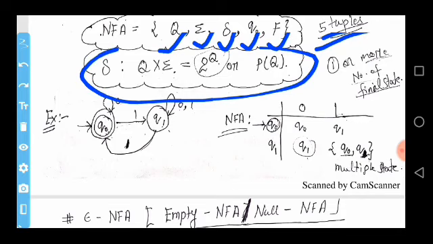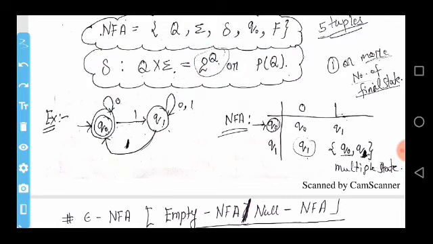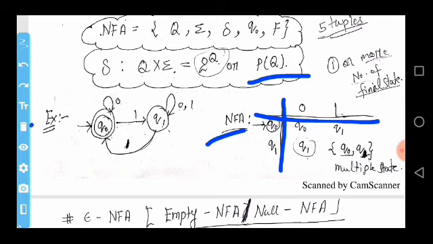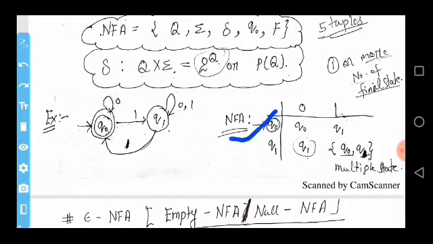There is a mapping between Q and sigma, but the output is equal to 2 to the power of Q, or P of Q. So the NFA table is represented like here, because the final and initial state are the same. So the arrow and circle are represented here on Q0.